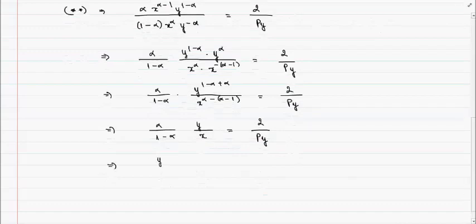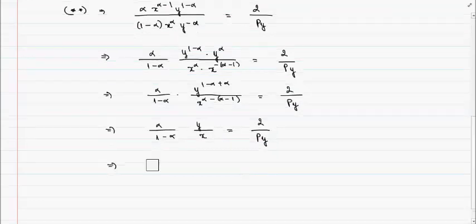So therefore I got alpha on 1 minus alpha times y on x equal to 2 on py.